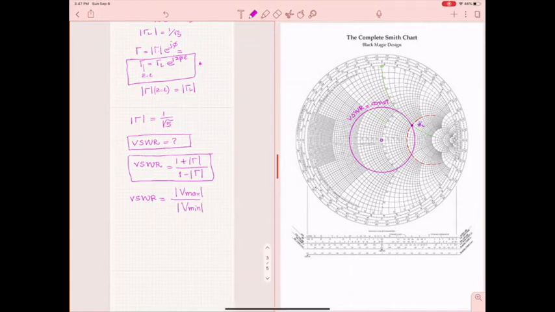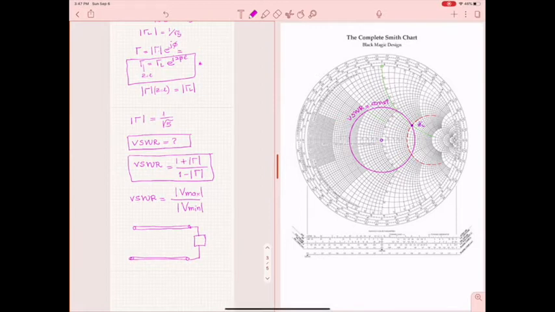The V max over V min is a ratio of the maximum total voltage on the line divided by the minimum total voltage on the line. All right? So if I have a transmission line that ends at a resistive load, or any load that has a resistive part too, then the voltage is going to look like this.